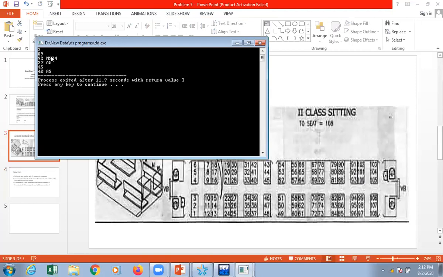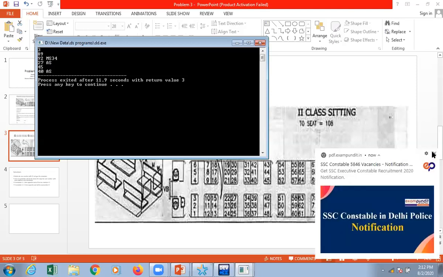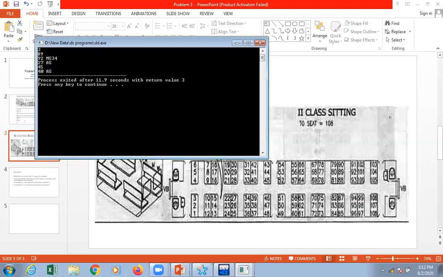So you can see here that 92 is the middle seat. The next is 34. 34's opposite is 27, and it is the aisle seat. Yes, it is the aisle seat. And the next is 45, and its opposite is 40, and it is the aisle seat.